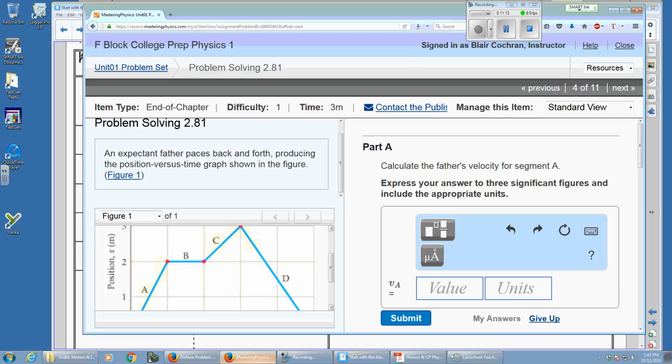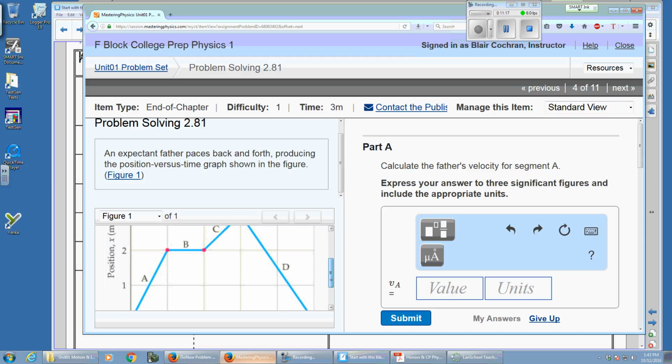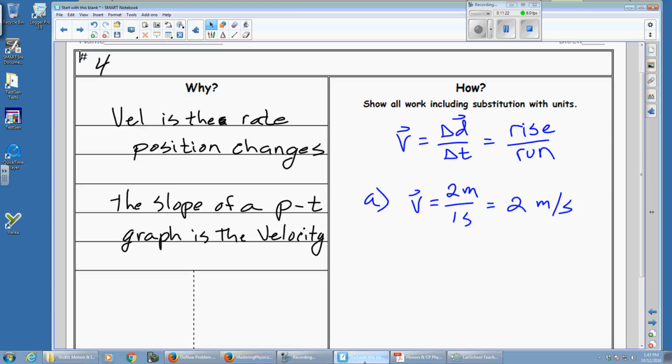All right? So B is going to be 0. C will be some positive number. D will be a negative number. But you do them the exact same way. Delta D over delta T. Rise over run. And you get the slope, which is the velocity. Questions on this one before we move on?